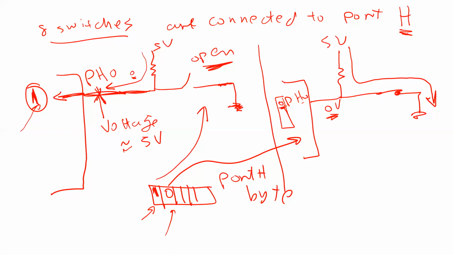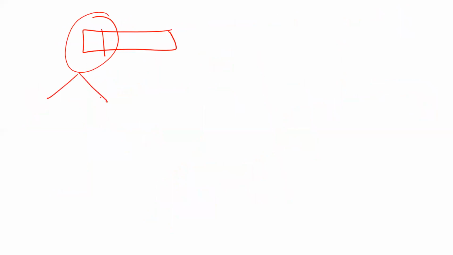We have 8 of these switches. Also, I explained all what you have to do. You have to read this bit to know if it is 0 or 1. If it is 1, the switch is open, and I have to do something.